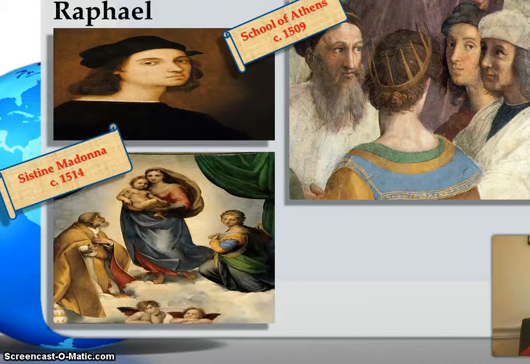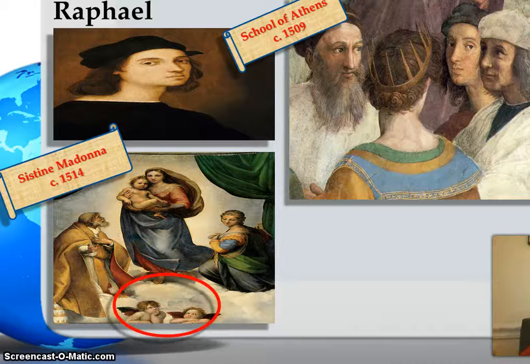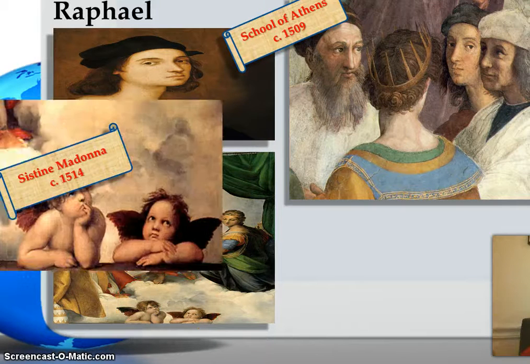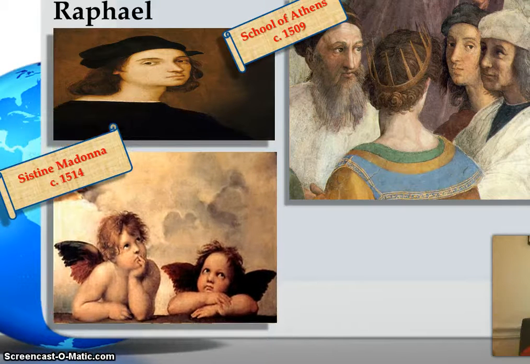We also see here another example of Raphael's work called the Sistine Madonna. Maybe not as famous in itself as some of the other paintings, but we see two characters down here at the bottom that you may be familiar with. These two angels down at the bottom are quite familiar and appear in many things.